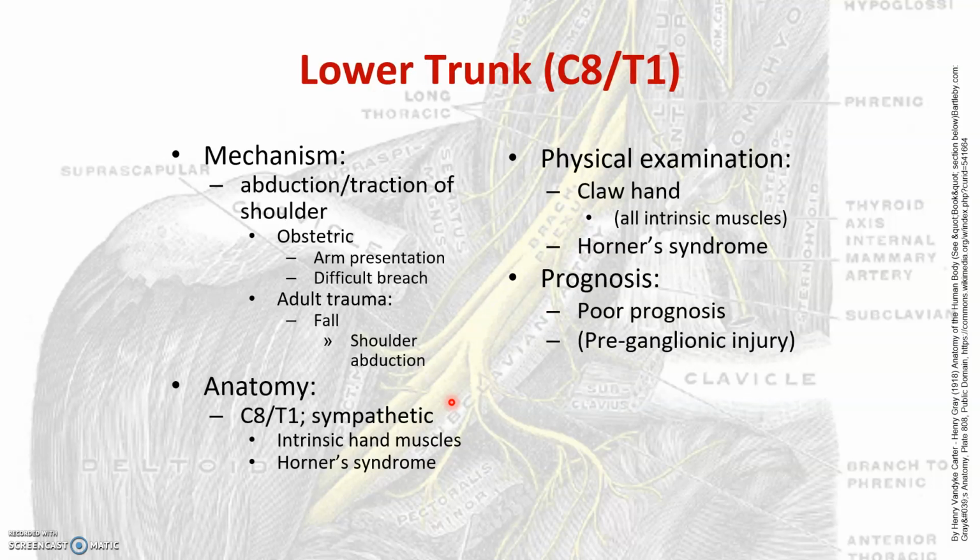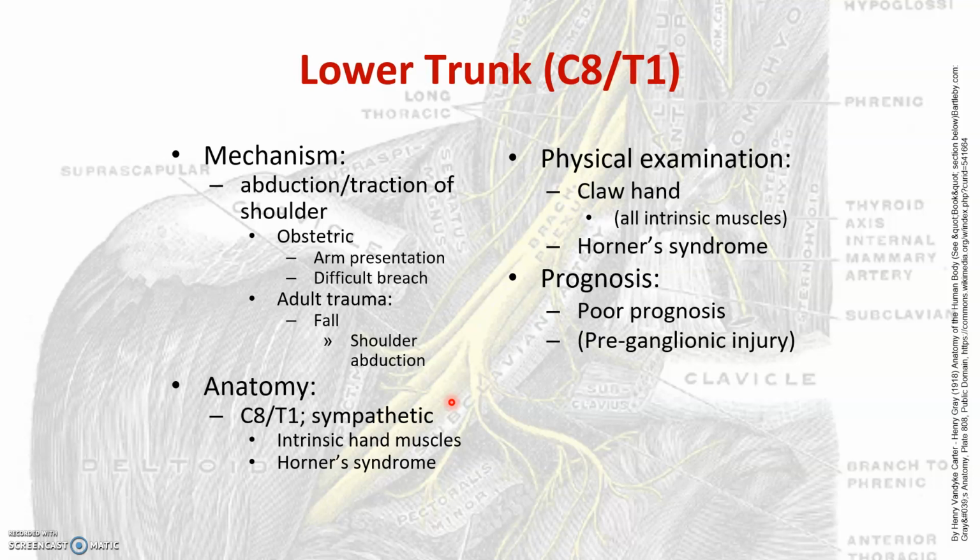This is a lower trunk injury, and the mechanism is usually severe hyperabduction and traction at the shoulder. It can be seen in obstetric cases, so in neonates, arm presentations, or difficult breech deliveries, and in adults with falls and trying to break the fall with the arm, as described in the case.